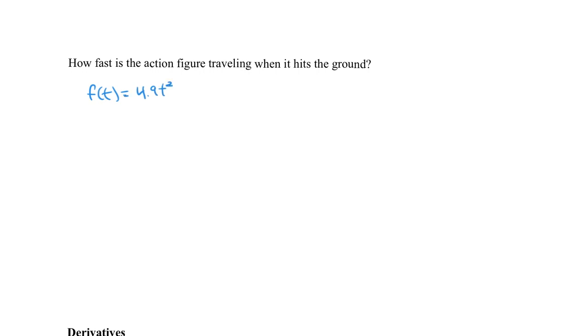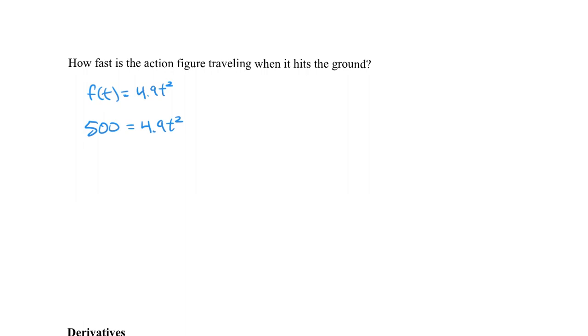And remember, we are told that this is going to give the distance fallen after t seconds. So it's going to hit the ground once it has fallen 500 feet. So I'm going to let this be 500, right? It hits the ground when this is equal to 500, because this is the distance fallen in meters after t seconds. So I can set that equal to 500.